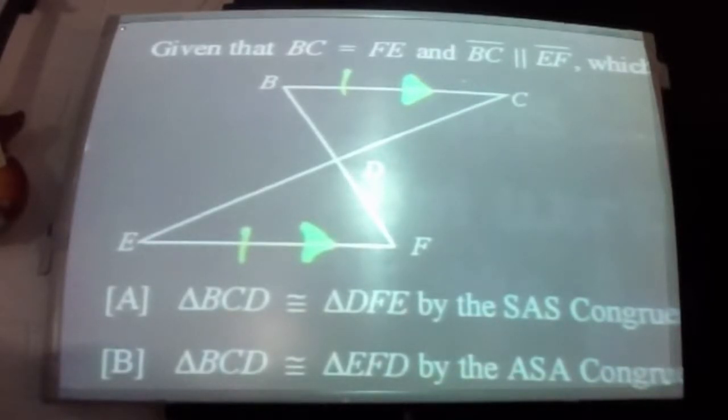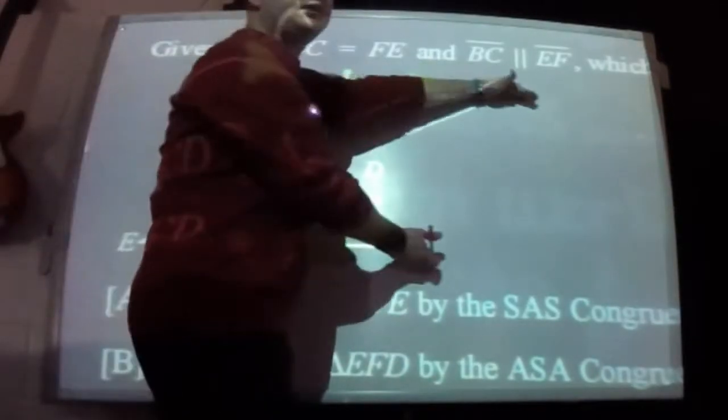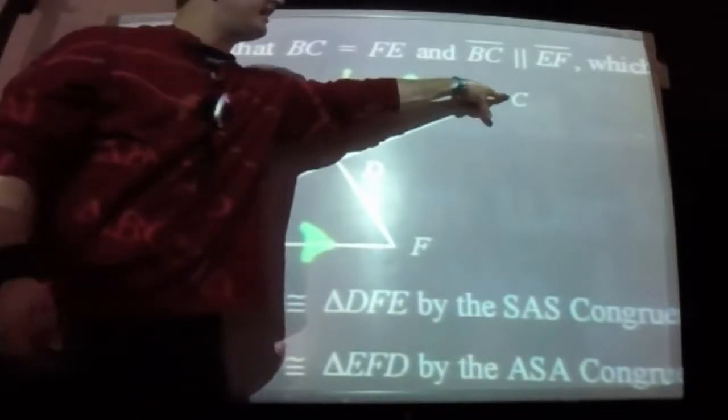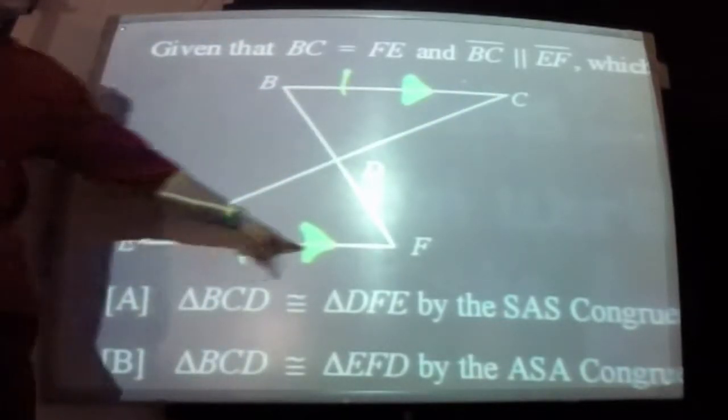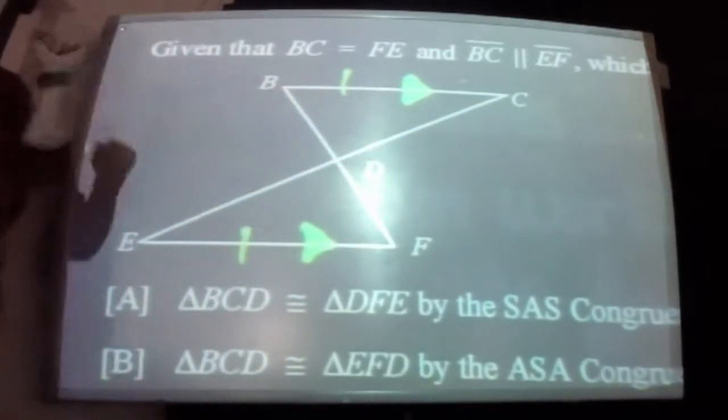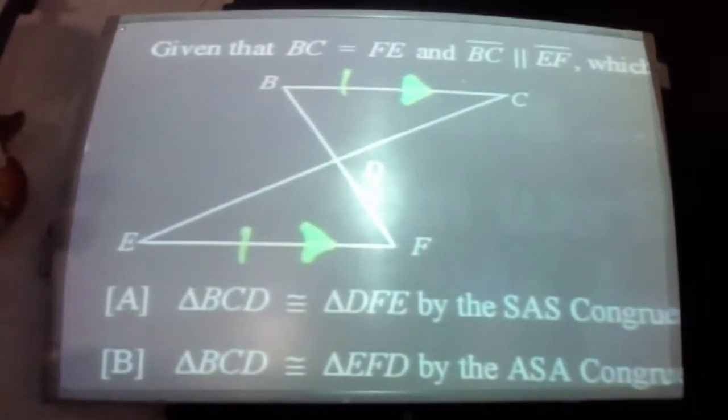Hopefully some kind of angles. Alternate. Maybe some alternate interior angles? Yeah. Think about it. If these are our parallel lines, remember that zigzag, that Z that we talked about? If we got this parallel line, zigzag over here, what can we say is congruent? The zigzag.